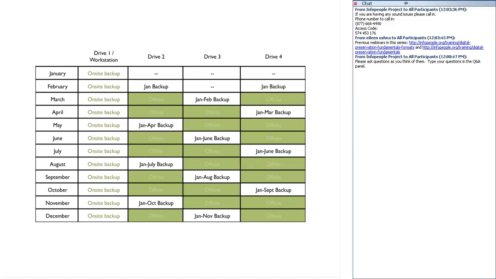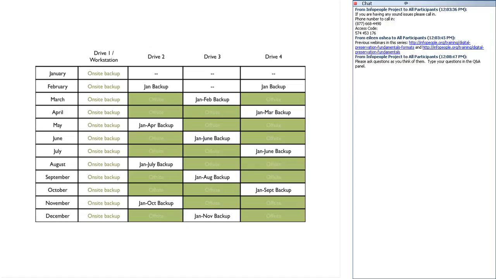And we came up with this little plan that, say it's January, you would attach one of those external drives to the workstation where you were scanning in your archive, back everything up, and then you would take it off-site and bring in drive 2, mirror the contents of those. By March, you would have 3 drives going. This chart we expanded to add a 4th.